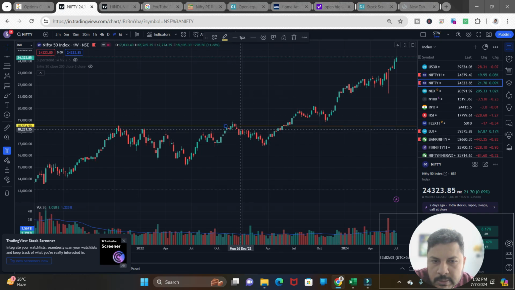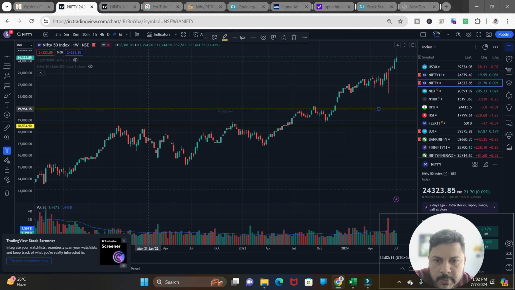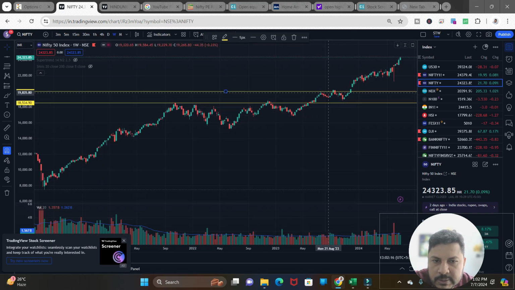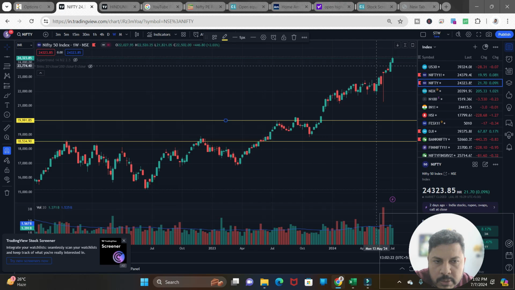So this is the previous high, and this is the next high. After this, there was a breakout from this level, and the market started moving up. So now it's in a good uptrend, as we can see.